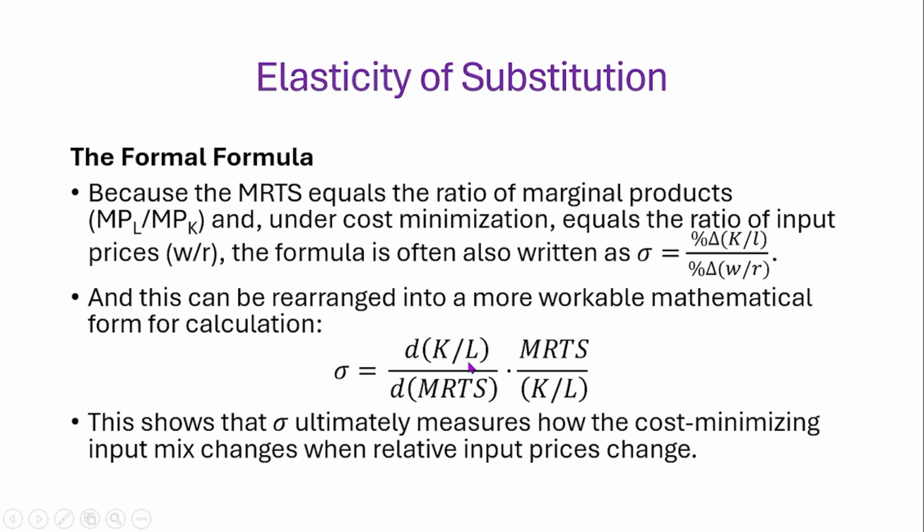This formula, the percentage change in capital-labor ratio divided by the percentage change in wage rate, we can express in derivative form. That means the differentiation of the capital-labor ratio and MRTS.